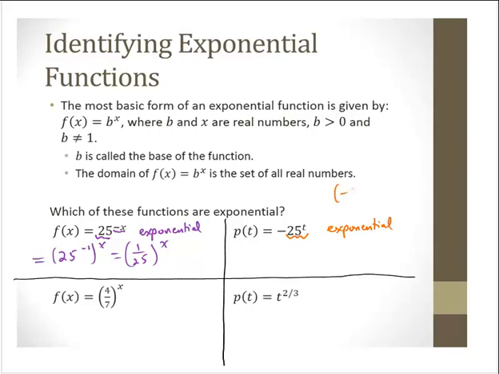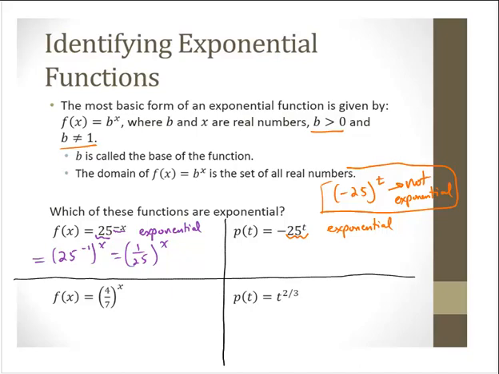But if we had negative 25 to the t power, that would not be exponential. We would say that this is not exponential because the base is negative, and we don't want the base to be negative. We want the base to be positive, but not equal to 1. And what we have here is the base is 25, it's being raised to the t power, and then being multiplied by negative 1.